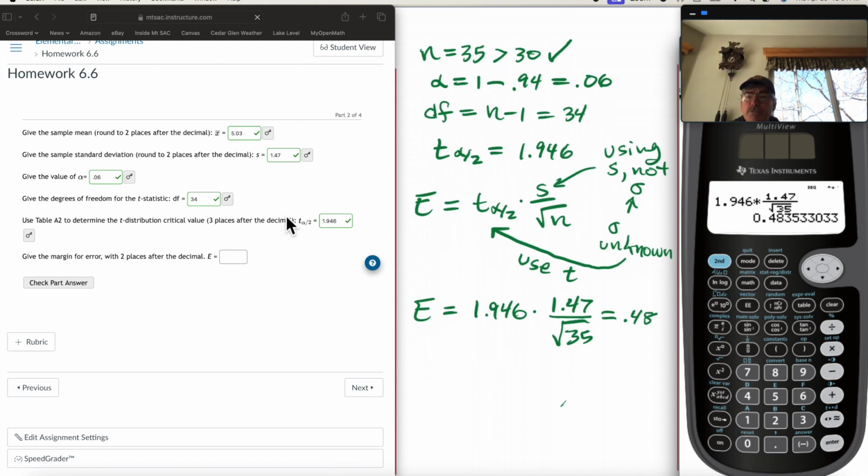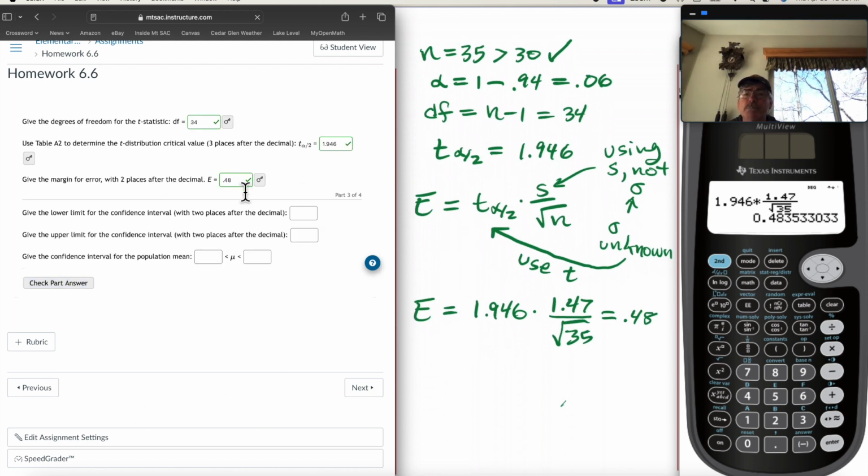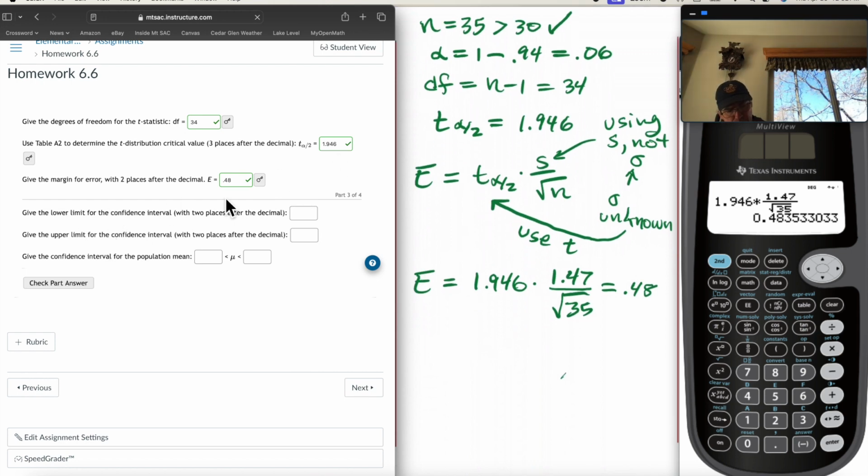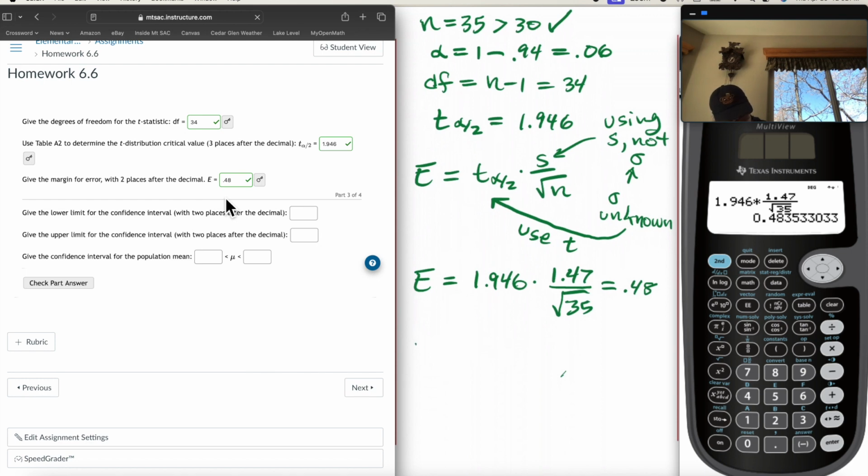And we can put that in over here. Okay, and so that's all good, 0.48. Then for the lower limit and upper limit for the confidence interval, that's just x bar minus e and x bar plus e.